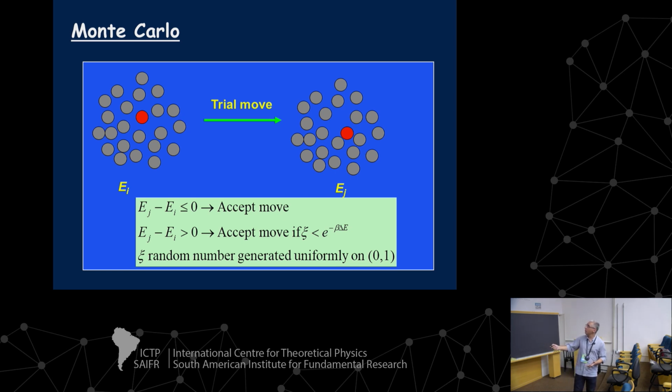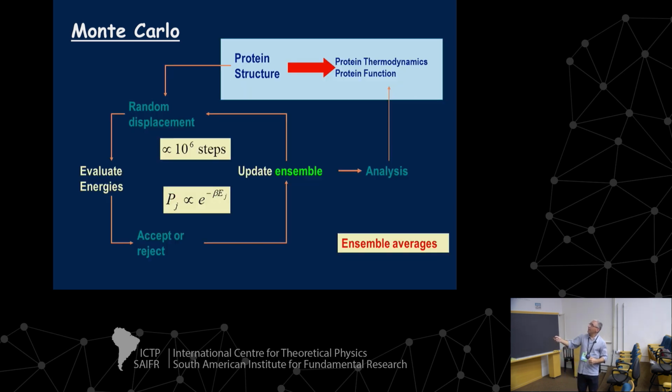It's when you put in the Boltzmann weight that you start to introduce entropy, and at the end you will minimize the free energy of your system. So this is really important. You generate random numbers, and so on, but that's what you're doing. You just produce configurations. And instead of calculating force, you calculate energy, you accept or not, you update an ensemble, and go through. I put here 10 to the power 6, but of course this depends on your system.